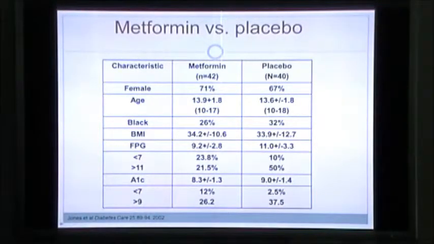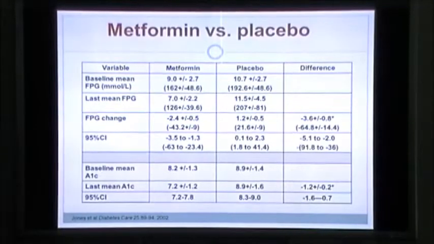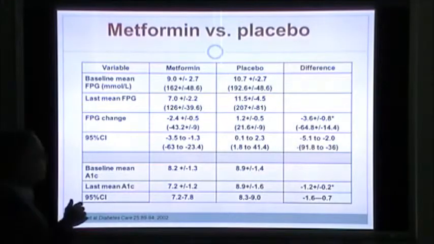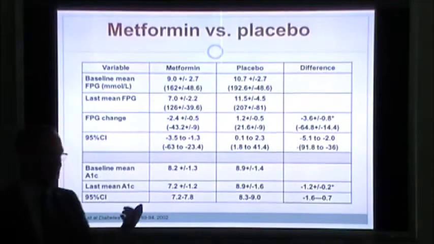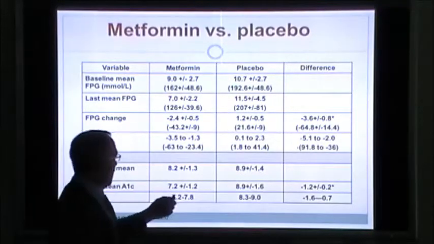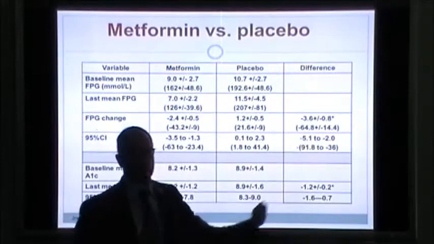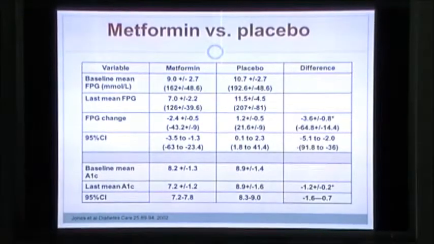So this is a real stinker of a trial. And it just shows you the problems you can run into with small clinical trials. However, there was a difference in the decrease in A1C in the Metformin arm versus the placebo arm of about 1%. And that's what was expected based on adult studies, about 1%. So this drug was approved.